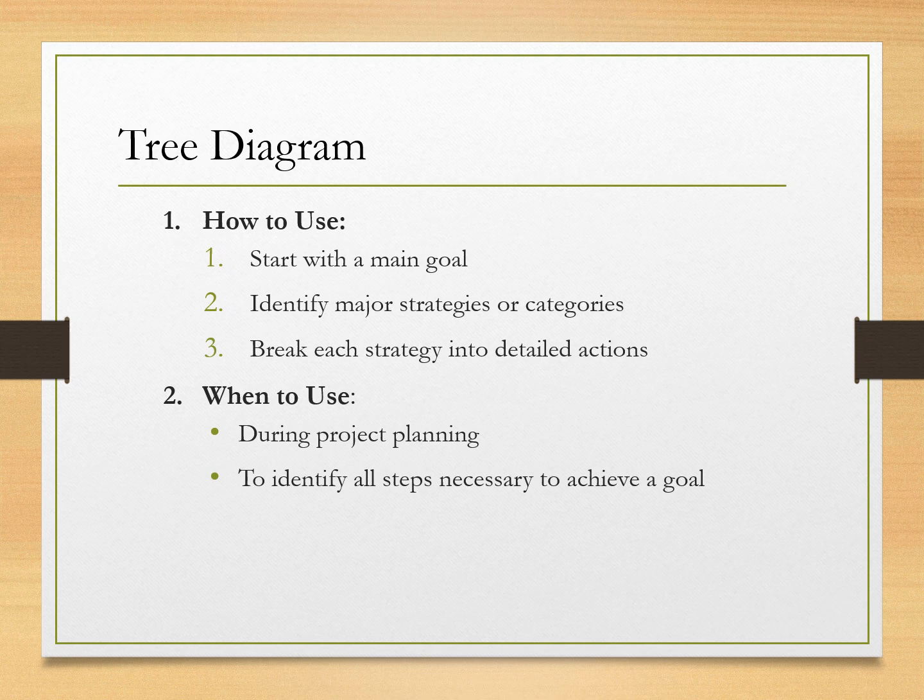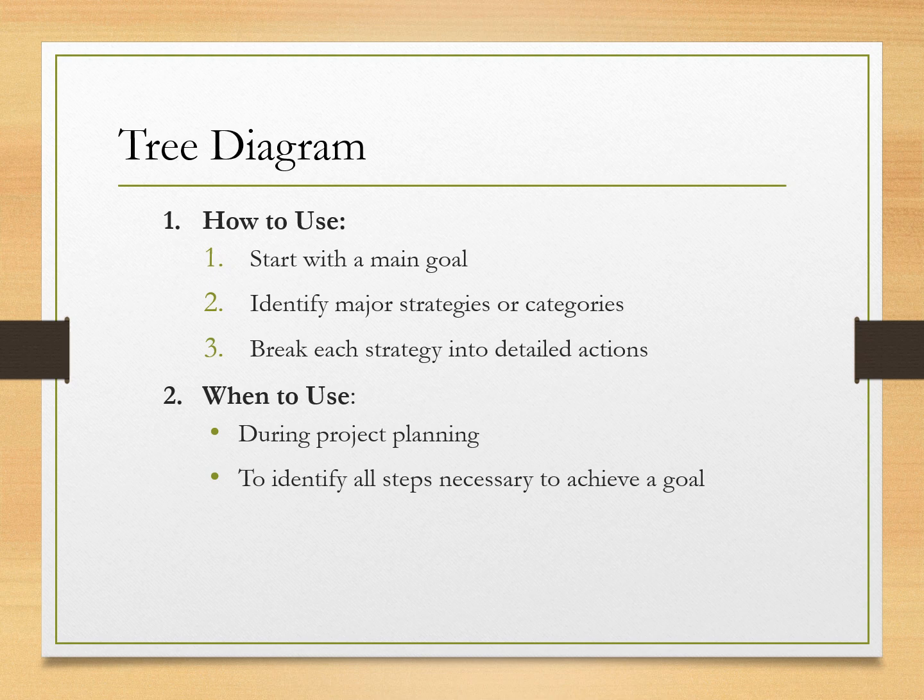And the third step is where we keep drilling down. For each strategy, I ask, what detailed actions are needed to achieve this? And create another level of branches. And we keep going until we reach specific actionable tasks that someone actually can do.